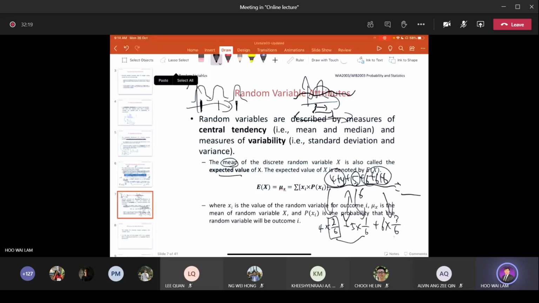And if you convert these 3 probabilities to actual data, it's supposed to resemble this. Or if you have 12 sets of data, then you have 4 happening 4 times, 5 happening 2 times, and 6 happening 6 times. It's supposed to work this way, okay?